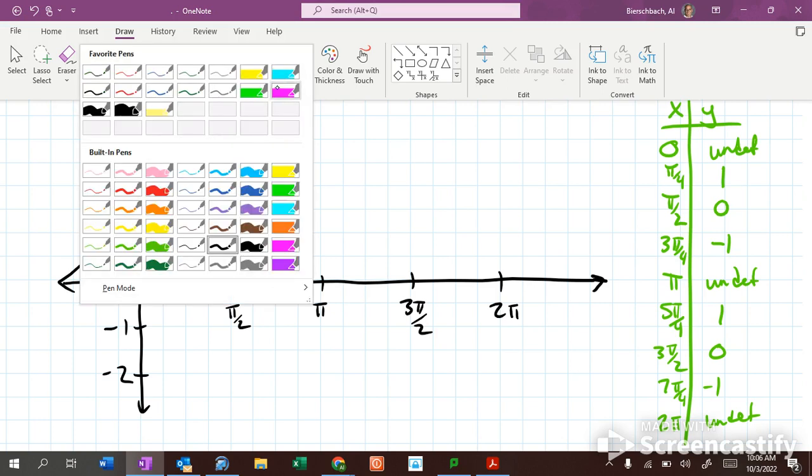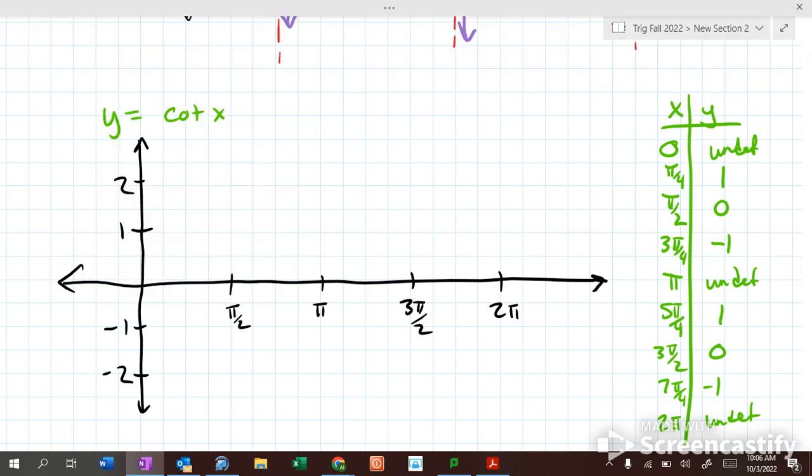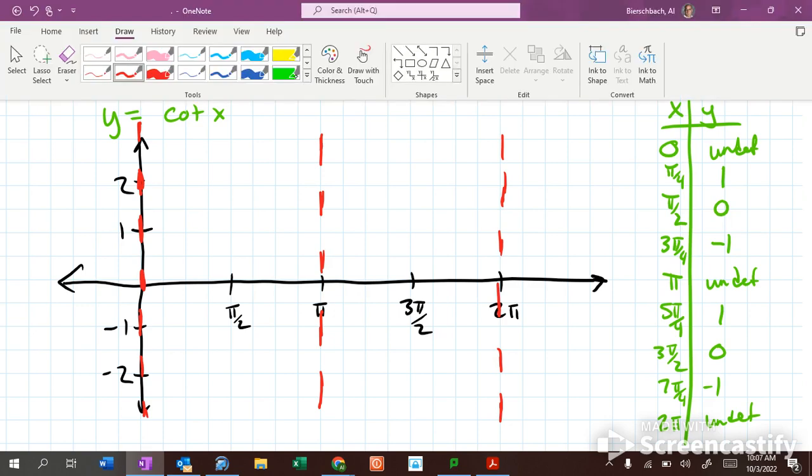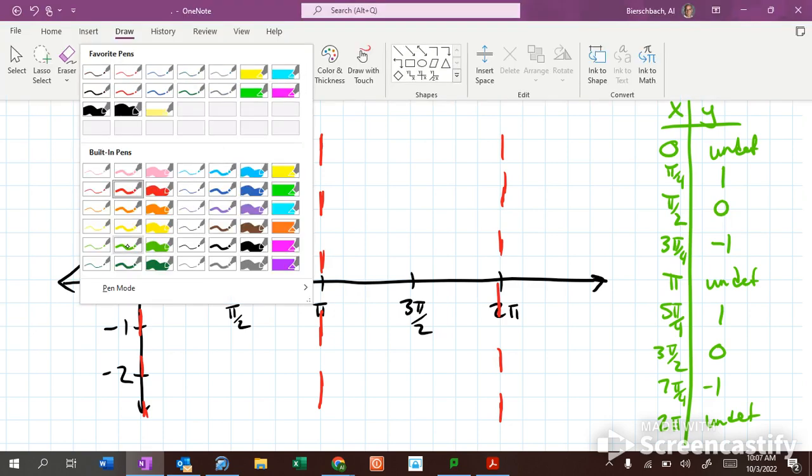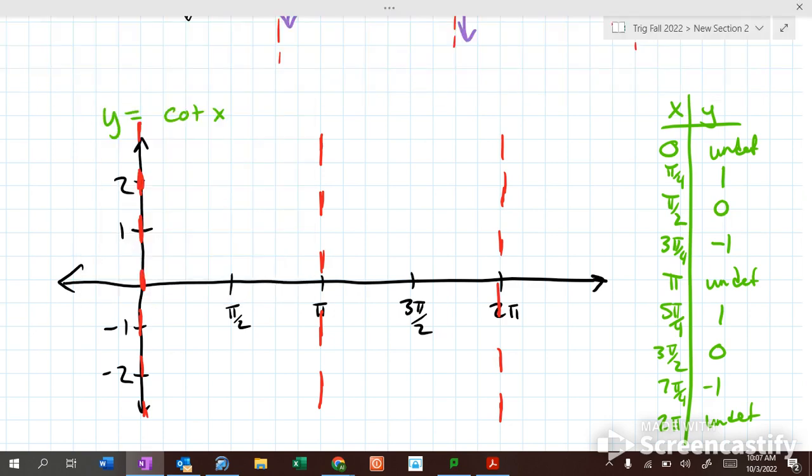All right, I'm going to draw in my asymptotes right away. My asymptote is at 0. And pi. And then 2 pi. Okay, so at pi over 4, I'm at 1.